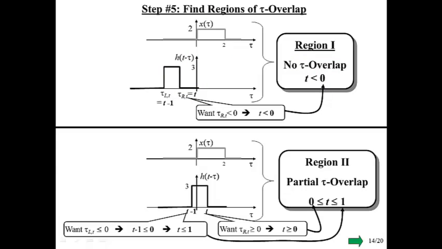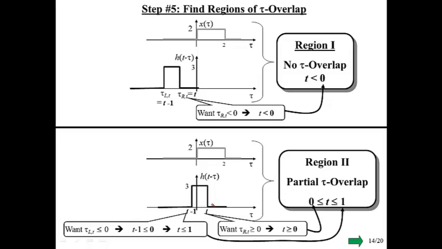Region number 2 I'll call partial tau overlap on the way in. I don't say that explicitly here. What I want there is only partial overlap, so I want this edge to be in the middle of the pulse somewhere, and I want this edge to be in the middle of that pulse. So I don't want either one to be completely inside the other.